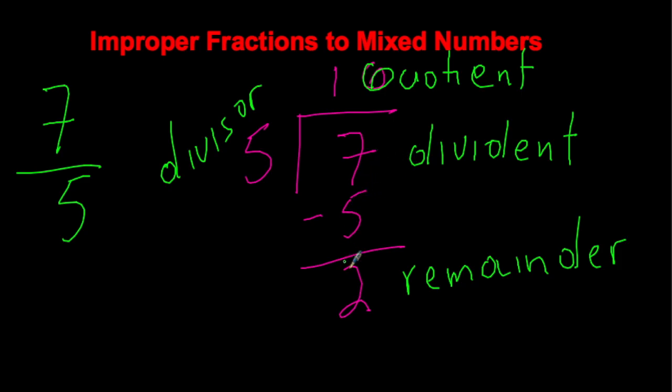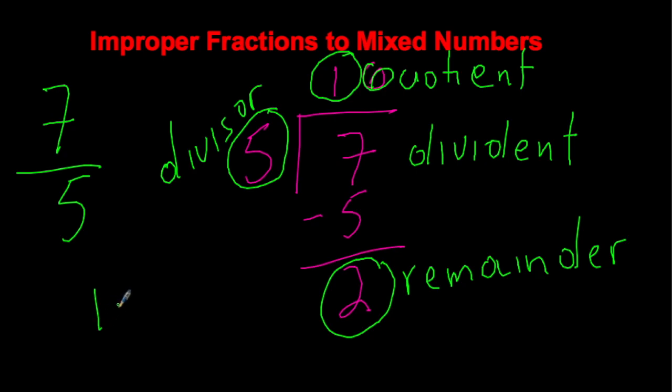Now, when you're writing the mixed number, you just need the quotient, the divisor, and the remainder. In this case, the quotient is the whole number, which is 1. Your divisor is your denominator, it's 5.